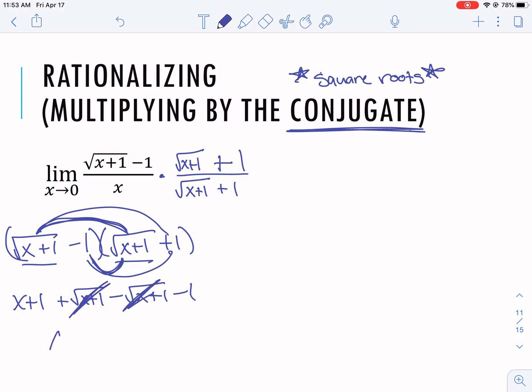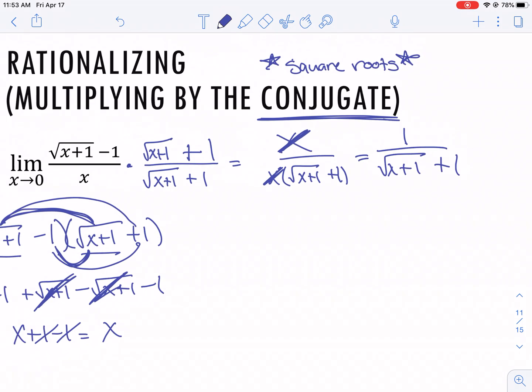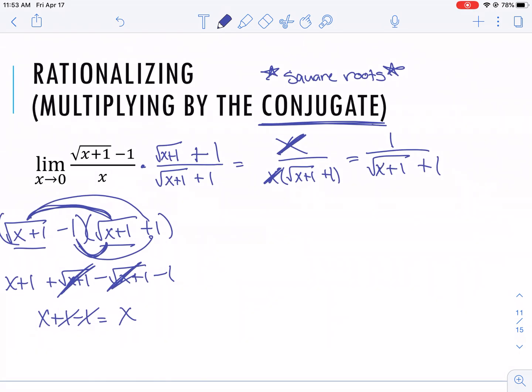These two cancel out, so we have x plus 1 minus 1. Those cancel out, so we're left with x in the numerator. And then I'm going to just leave the denominator as x times the square root of x plus 1 plus 1. And why I do that, now these x's cancel out. So I'm left with 1 over the square root of x plus 1 plus 1. Now let's substitute what happens when we put 0 in.